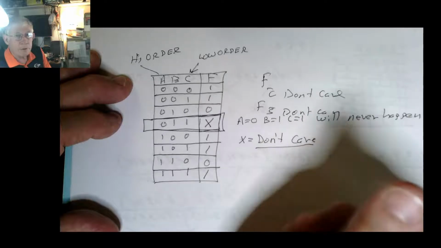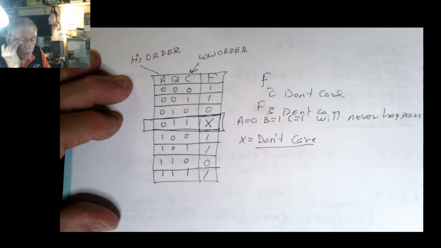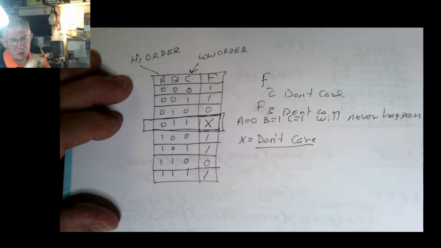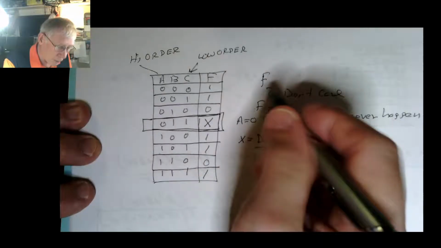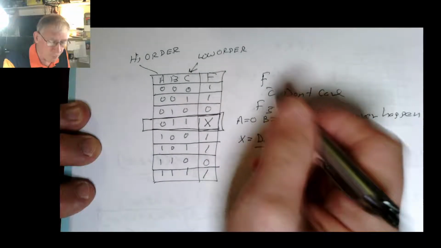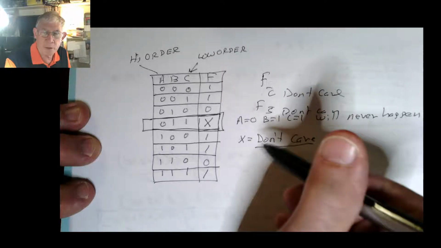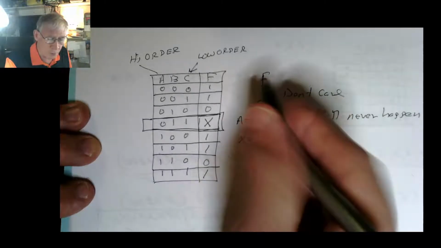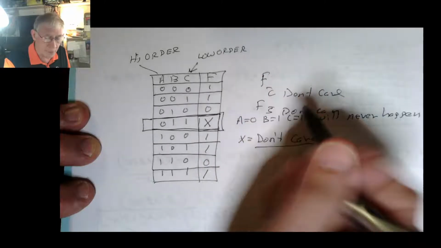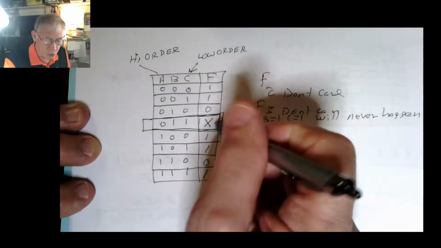So, con don't care and sin don't care. A little Spanish twist on that. And then you have to simplify those two expressions as much as you can and see which one is the simplest. And if one of them is simpler, then that tells you how you should choose the don't care.